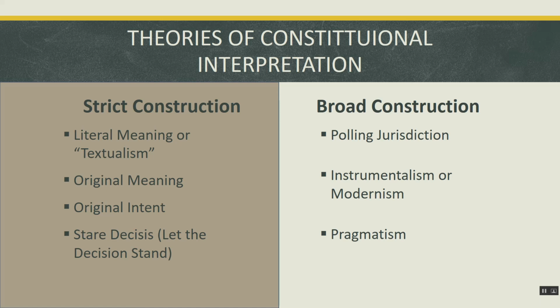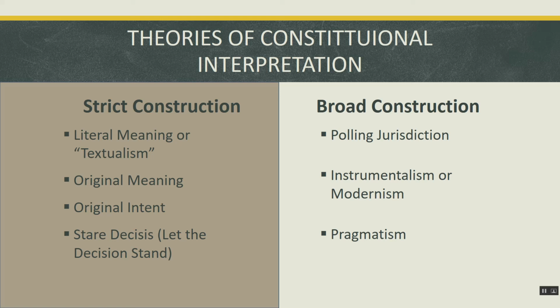Another example of instrumentalism that you've probably heard might sound something like this. Well, sure, literally speaking, the literal words in the Constitution protect a Second Amendment right to keep and bear arms, but at the time that that was written, they had muskets, and today we have machine guns.